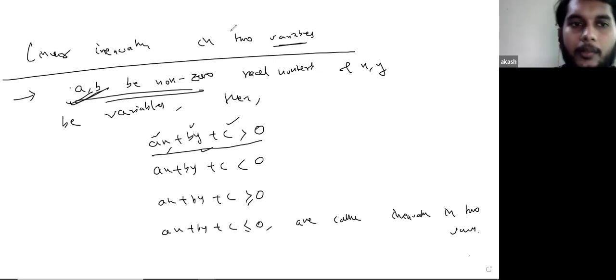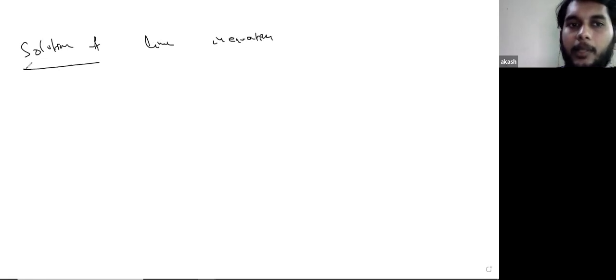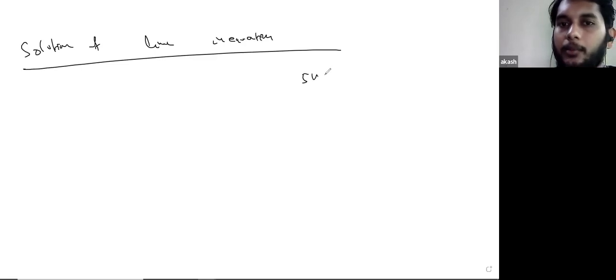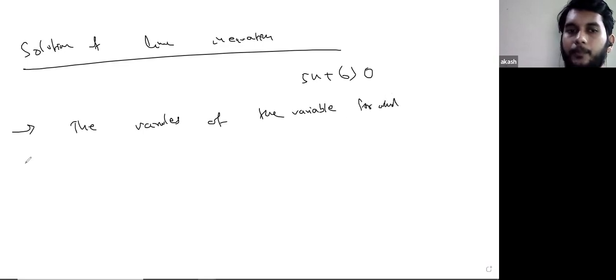Now, what is the solution of linear inequation? What do we mean by the solution? If somebody says find the solution for this, then what does it mean? Solution of a linear inequation means the values of the variable for which any given inequation is true.